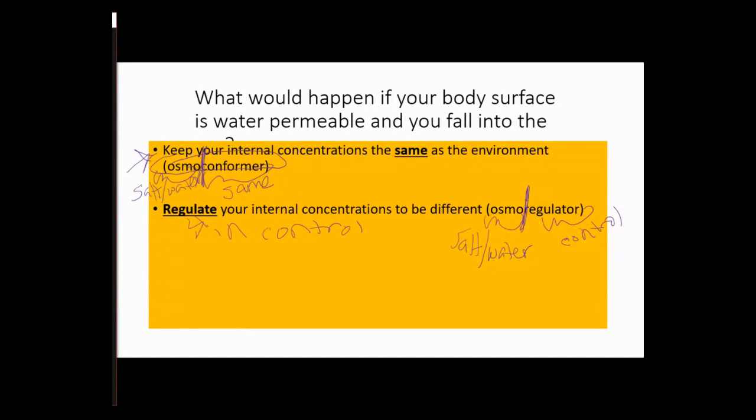And we know that an organism has a finite amount of energy. I don't have an infinite amount of energy to do everything. So if I didn't have to invest energy in doing osmoregulation, I could put that energy elsewhere. So why don't I just do that? Any questions so far? These definitions feel okay?